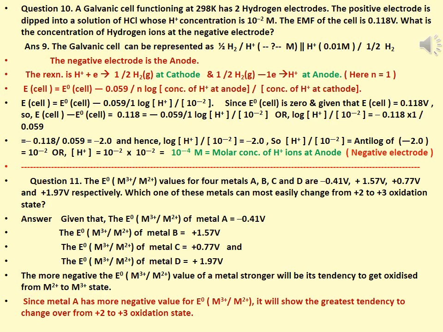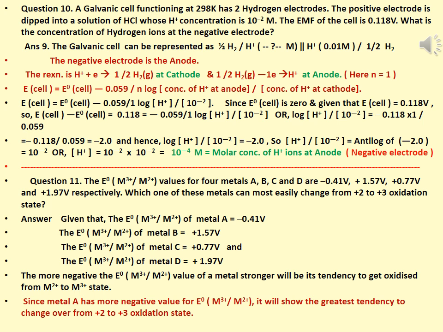We need to calculate and find out. Then at the cathode, the H plus ion concentration is 0.01 molar bar half H2 gas. So both cathode and anode are hydrogen electrodes. The electrochemical reaction taking place at cathode is reduction.